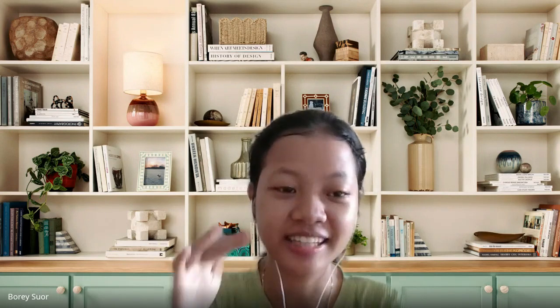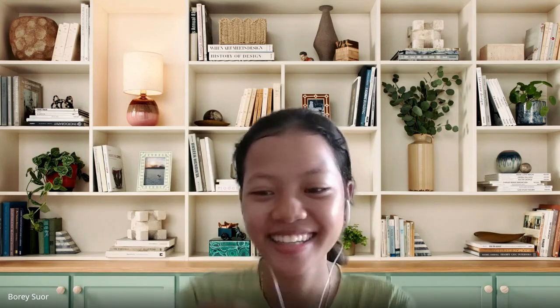So I have the item. It has a cap to cover the whole body, and it is plastic.